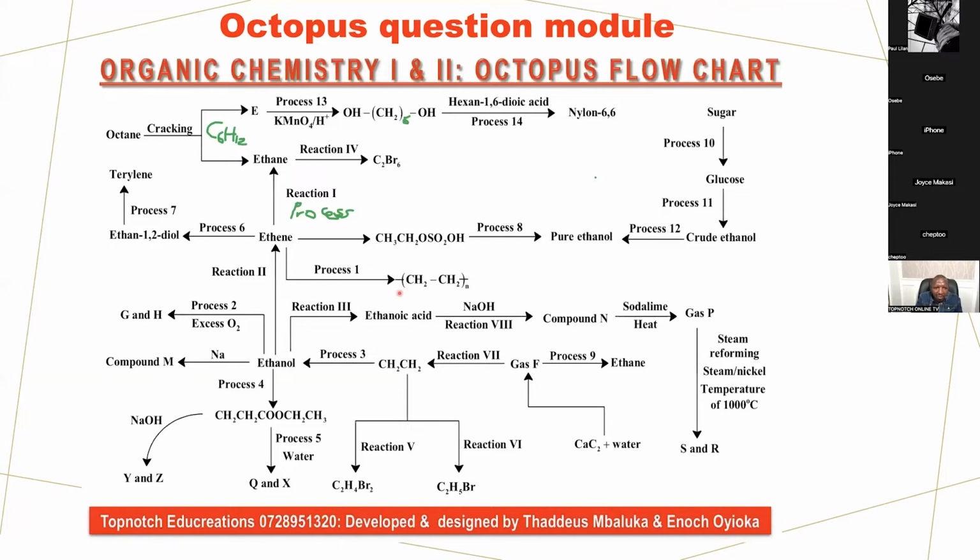So normally we use the ethene. Of course, if you're asked what the reagent for this polymerization is, it is ethene molecules.